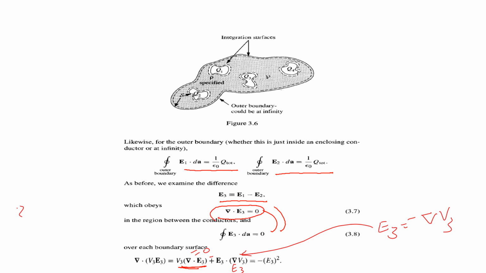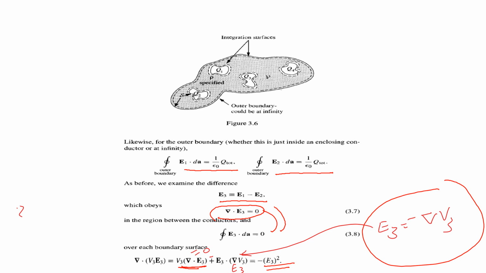Then for E3 dot del V3, we know that E3 is the negative gradient of V3, so instead of del V3 we can substitute minus E3. There is already an E3, so E3 times E3 gives E3 square, and the answer is minus E3 square. So del dot V3 E3 can be written as minus E3 square.